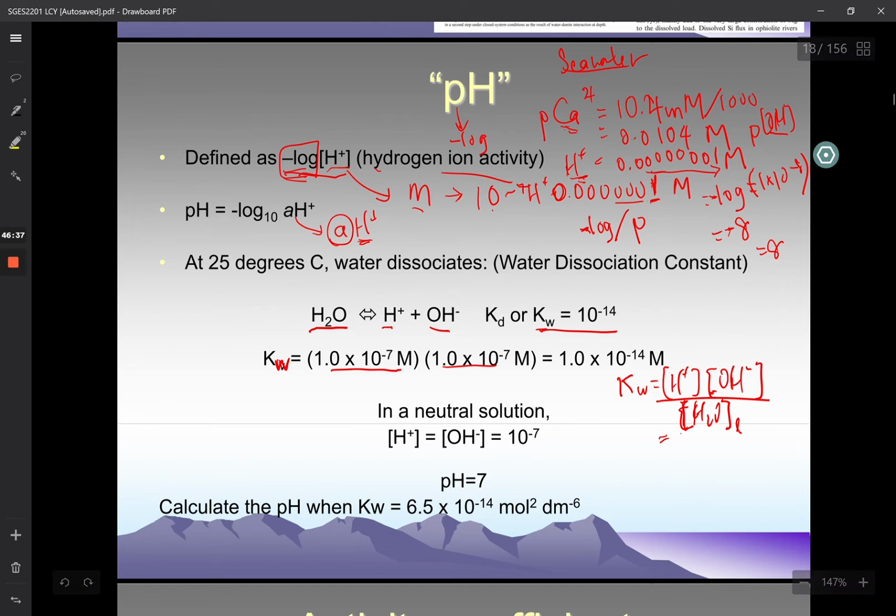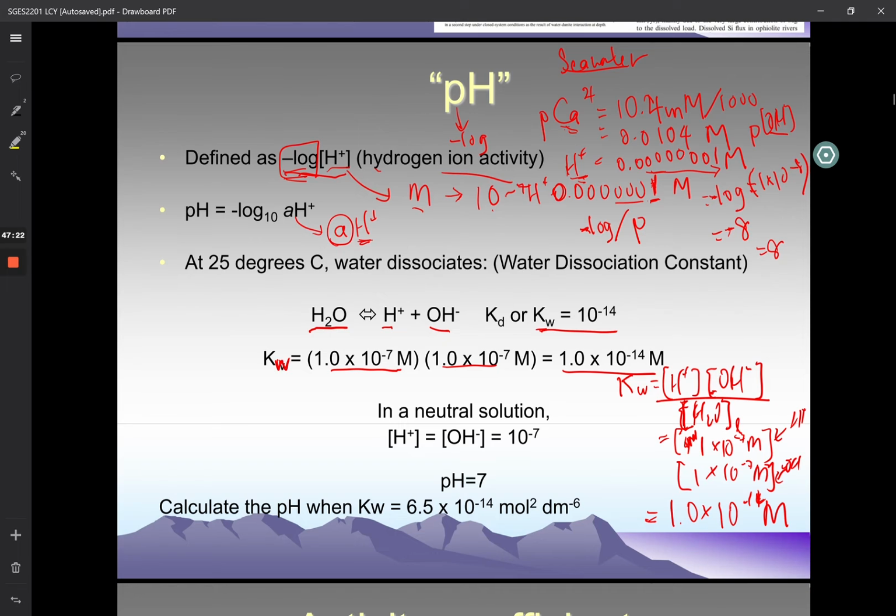Therefore, we take these into account. The hydrogen concentration, which is 10 to the power of negative 7 molar, times the same for the hydroxide ions, gives you the constant for water dissociation, right?